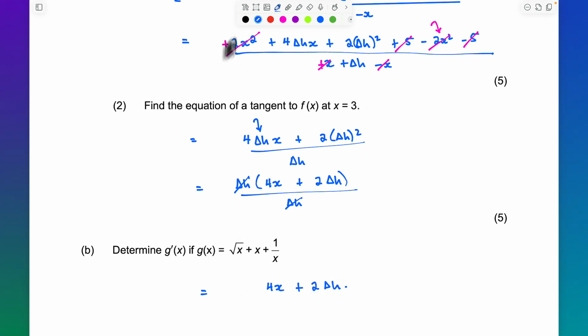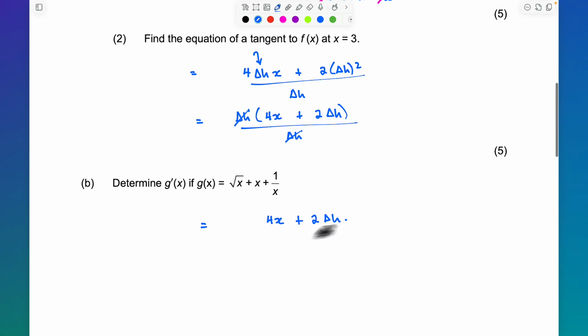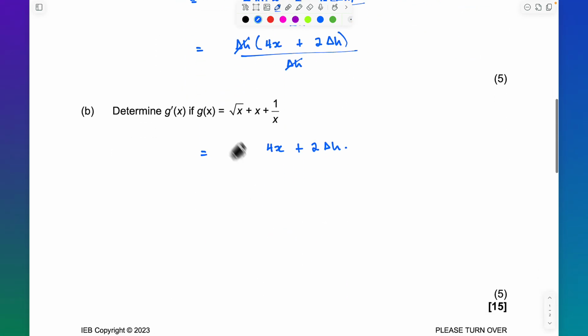But remember, all through here we were carrying the limit. Okay, 4x plus 2 delta H. So remember, all this time we were supposed to have a limit of delta H tends to 0.